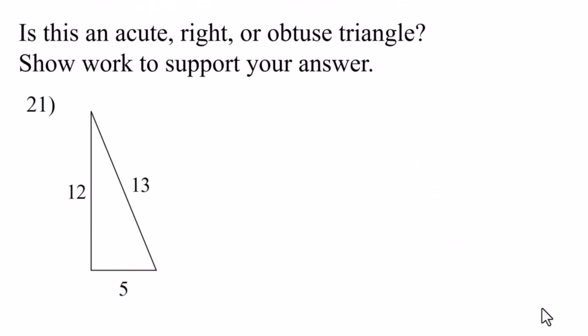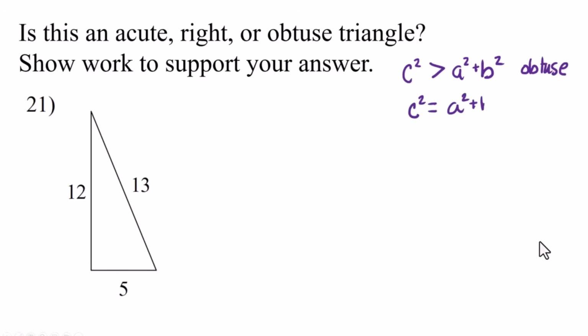All right, and we take this one step farther, and we can use the Pythagorean theorem to actually tell us whether or not a triangle is acute, right, or obtuse. If c squared, this is why I write my Pythagorean theorem backwards, because it makes this kind of question so much easier. If c squared is greater than a squared plus b squared, it is an obtuse triangle.